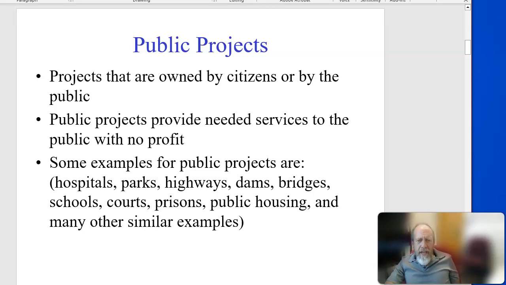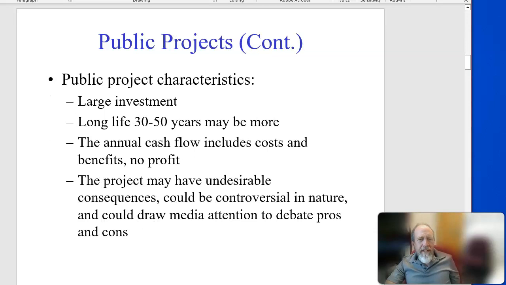But there are a lot of things that you need that just may not come out well financially, and this is the way to go. Hospitals, parks. I like parks. Parks are a good thing. Schools. Schools are also a good thing.